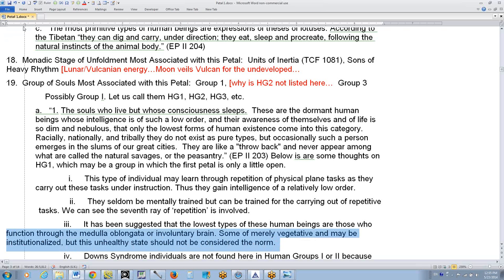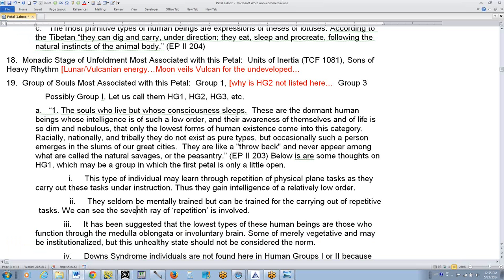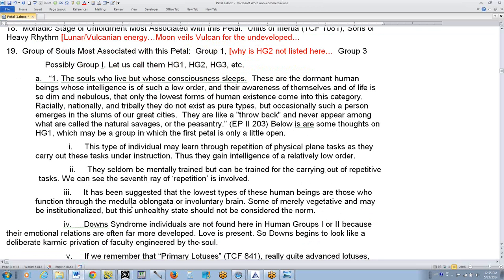There was further discussion on this. Down syndrome individuals are not found in human group 1 or 2 because their emotional relations are often far more developed. Love is present. So Down syndrome begins to look like a deliberate karmic privation of a faculty, and this being engineered by the soul.